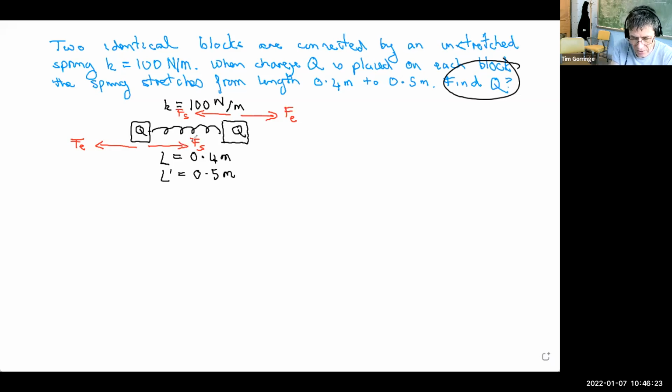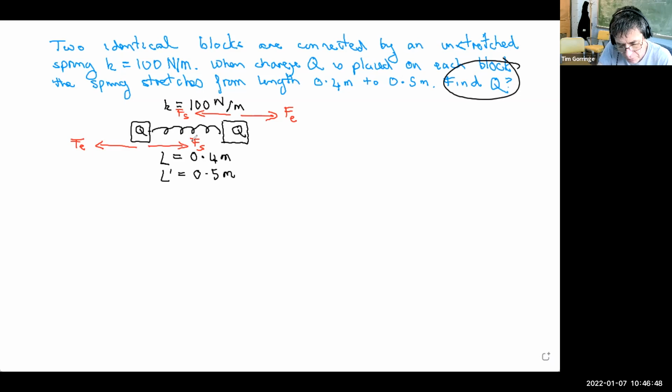I'm going to imagine the block on the right, say. So that block's in equilibrium. That block's at rest and staying at rest. That means that the spring force and the electrical force are in equilibrium. They are equal in size to one another. They're opposite in direction to one another.